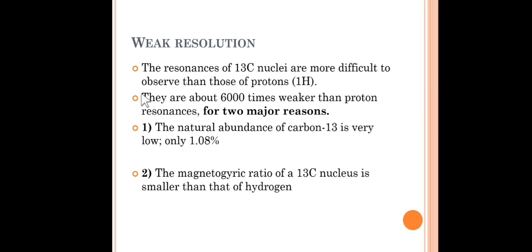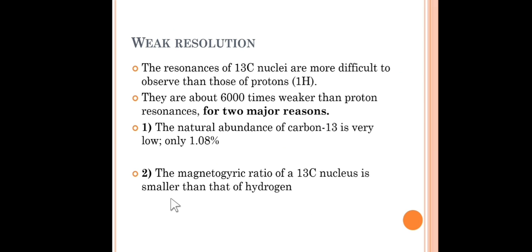Because carbon 13 is the isotope which is NMR active, it has odd spin. Carbon 12 is the natural isotope with the highest natural abundance, but it is NMR inactive. So we need the carbon 13 isotope, which has a very low natural abundance of only 1.08%. That's why it is very difficult to observe C13 nuclei resonance.